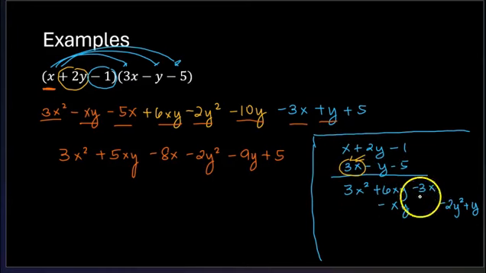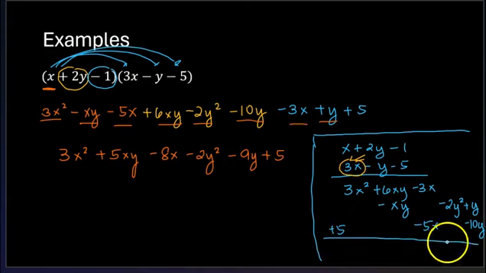So I already have an x here, so I'm going to place that in the column of this similar term, like term. Negative 10y, and then I don't have a column for the constant, but since I'm out of space here, I'm just going to write it here. So what is the advantage of this one?